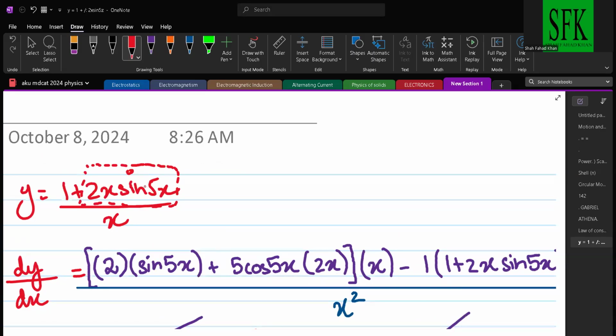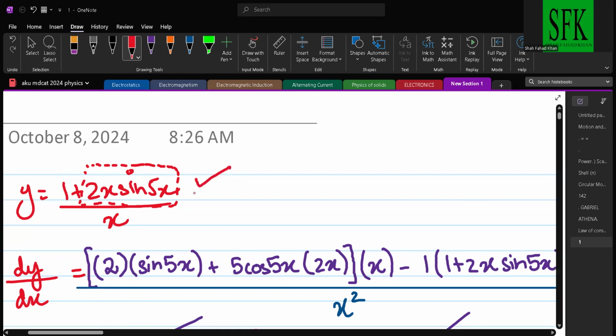Plus, the second number's differentiation is cos 5x multiplied by 5 into the first number as it is. Okay, so you differentiated the first component itself, then you multiply that by the second number as it is. So I've combined the two rules together.